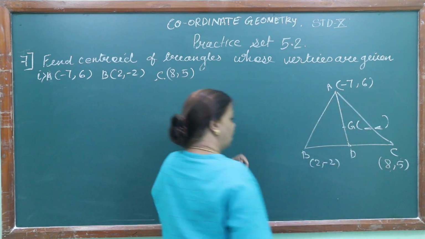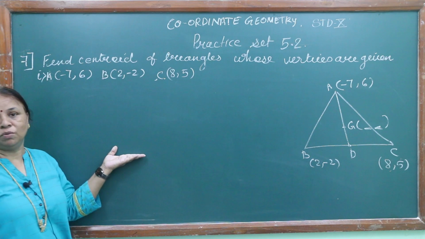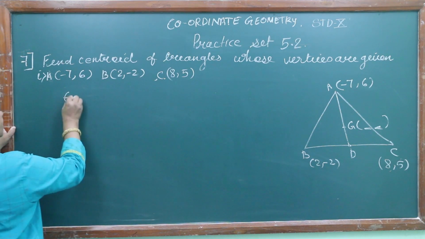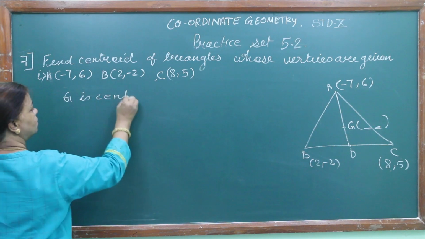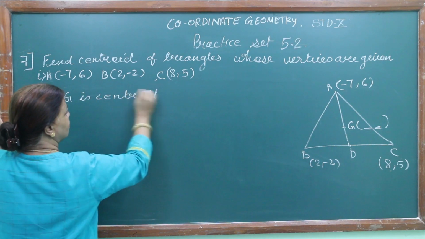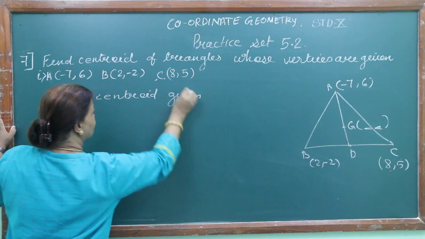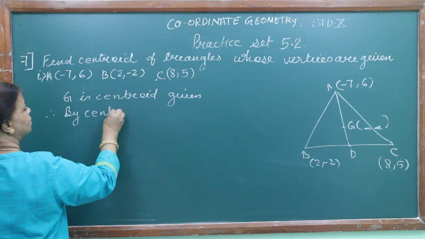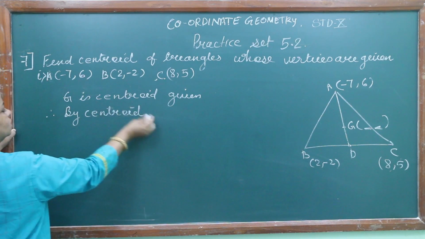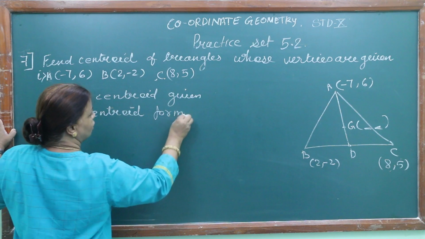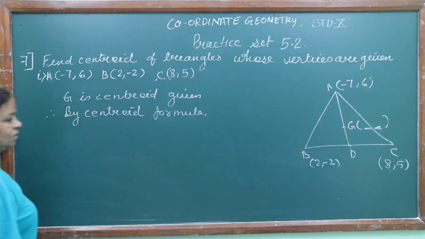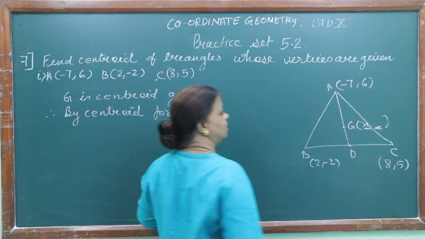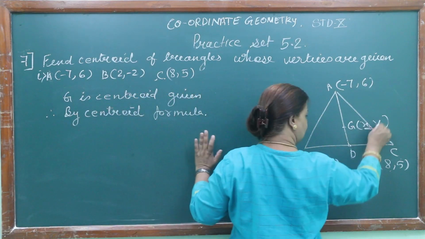Now only we have derived the formula for the centroid, and G is the centroid given, therefore by the centroid formula, children, you know it is a very easy formula. To find the coordinates, let it be x and this y.